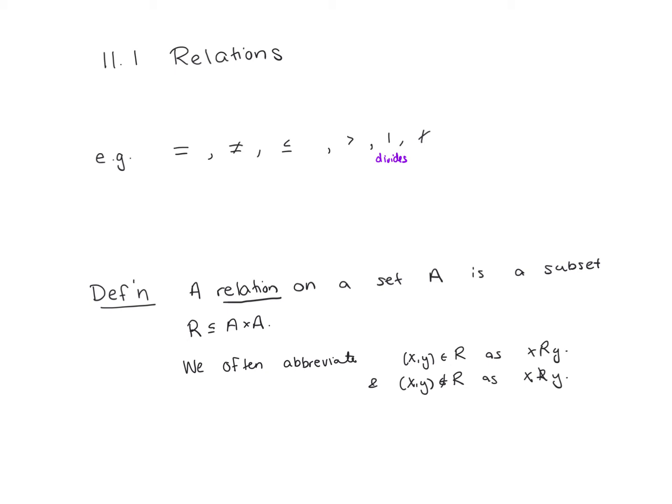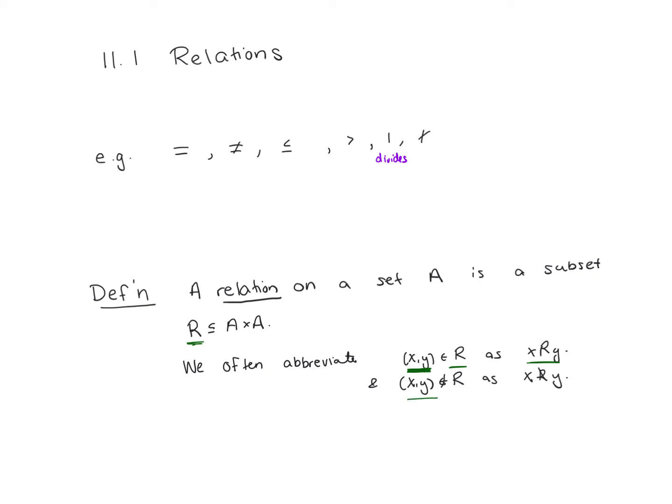Our definition of a relation is that a relation on a set A is a subset R, so R is actually the relation, of A cross A. So a relation is just a subset of the Cartesian product on the set. It's a set of ordered pairs where each element comes from that set A. If the ordered pair X, Y is in R, then we say X relates to Y, or XRY.